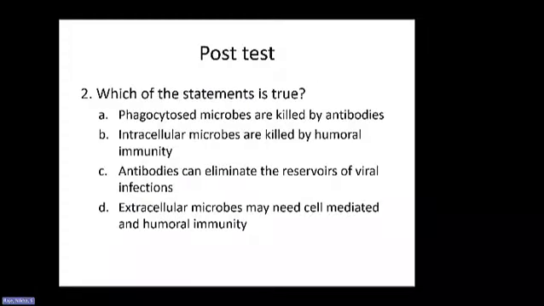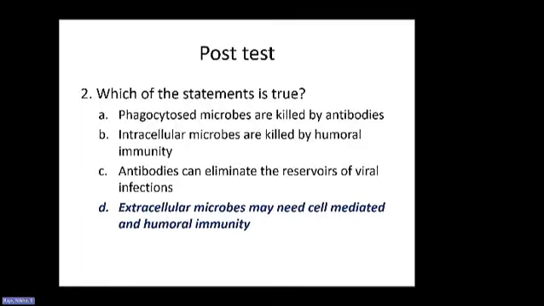Which of the statements is true? Phagocytosed microbes are killed by antibodies. Intracellular microbes are killed by humoral immunity. Antibodies can eliminate the reservoirs of viral infections. Extracellular microbes may need cell-mediated and humoral immunity. Isn't it D?